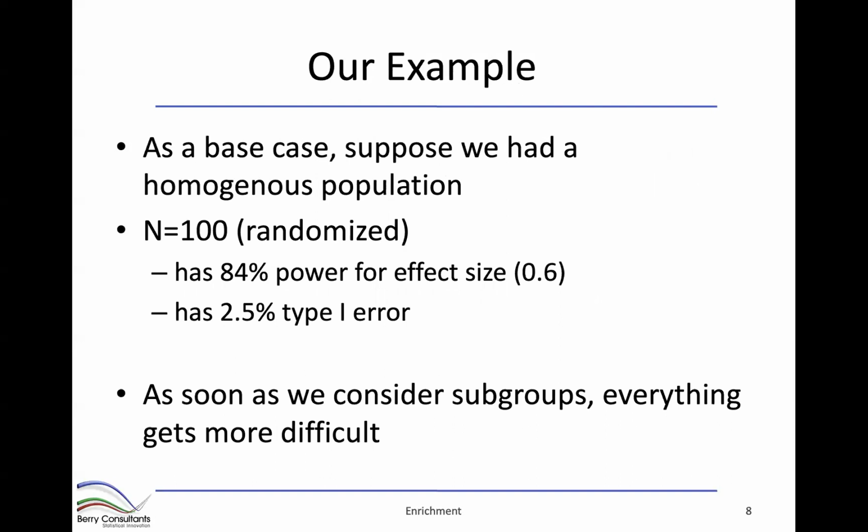So focusing on this example, as a base case, I want to compare what a homogeneous population would look like. So if you didn't have to worry about subgroups, if you had a randomized sample of about 100 patients, so 50 in each group, 50 control, 50 treatment, that kind of trial has 84% power for an effect size of 0.6 while maintaining 2.5% type 1 error.